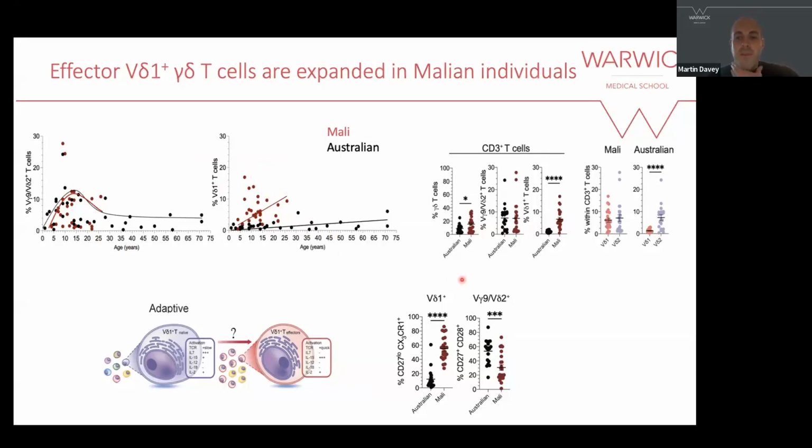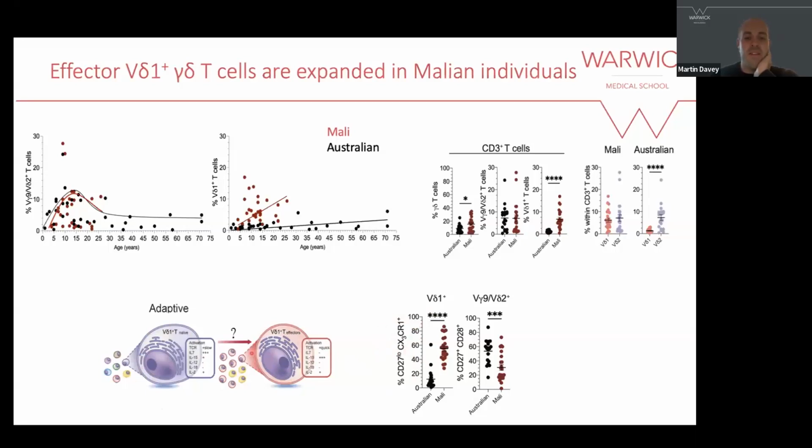So we looked a little bit further at this, and you can see these V delta 1 frequencies are very different from the Australian control population. And when we started looking at ideas around naive and effector cells, one of the key things about an effector V delta 1 is that they express this molecule CX3CR1.